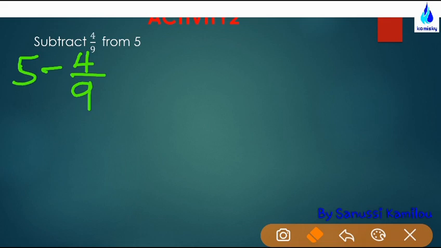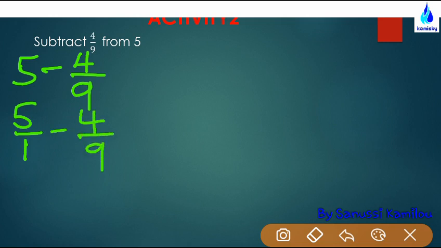So this is the same as 5 out of 1 minus 4 out of 9. Okay, so are they having the same denominators? No. So what do you do? You must find the LCM, the least common multiple. So let's quickly look at the multiples of 1.